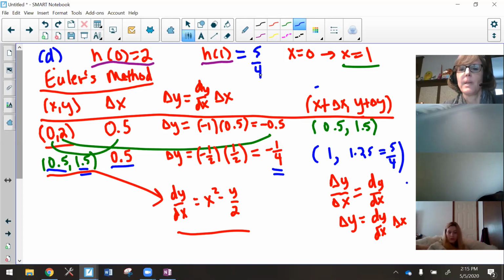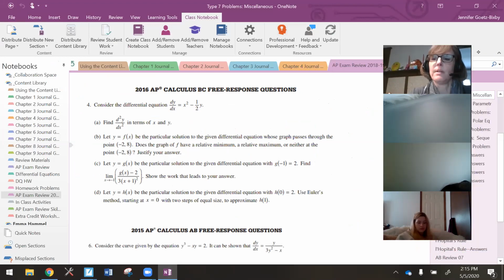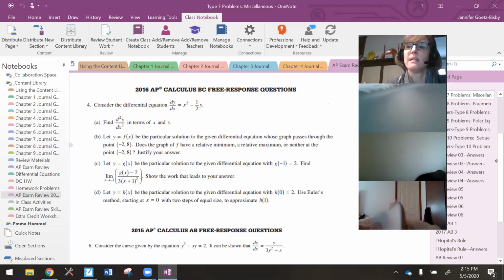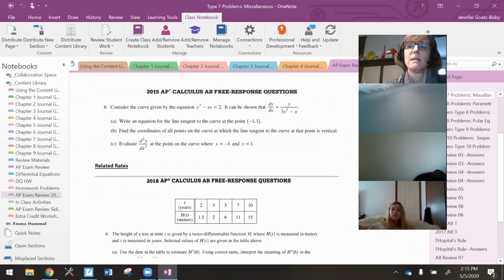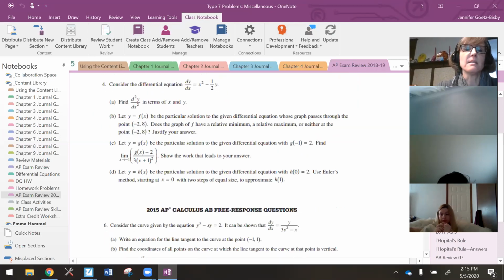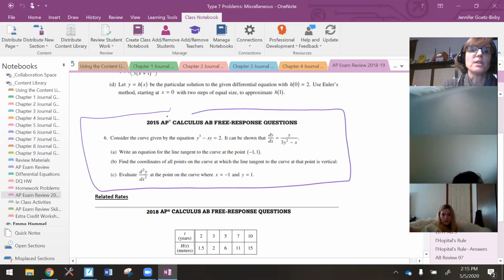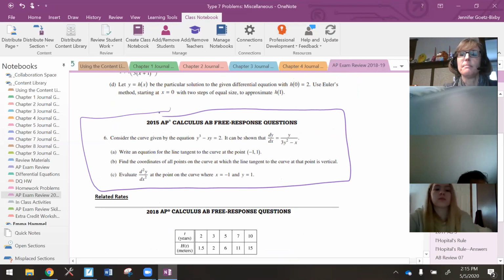Okay, we good? All right, so let's look at OneNote. What I would like you to do for homework, hang on, my OneNote froze again. What I would like you to do for homework is 2015 number 6, which is the second implicit differentiation problem, but it's up at the top because it's the class problem.